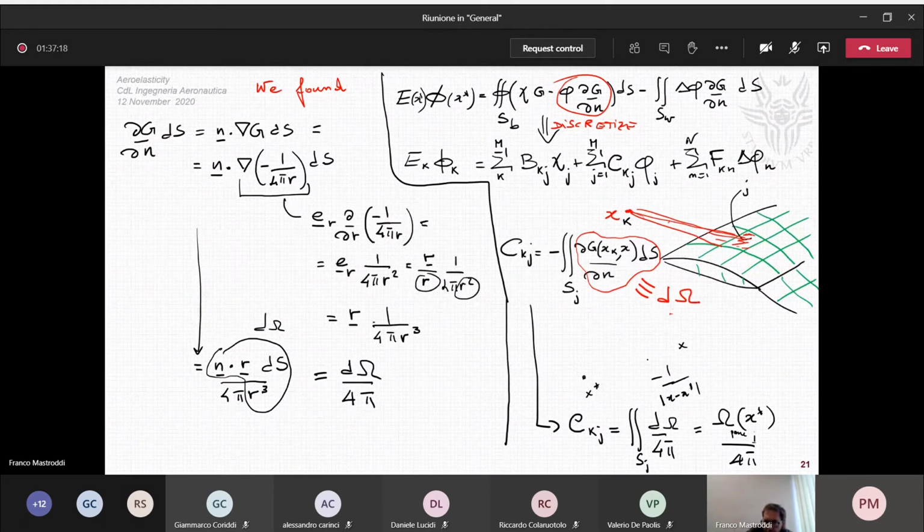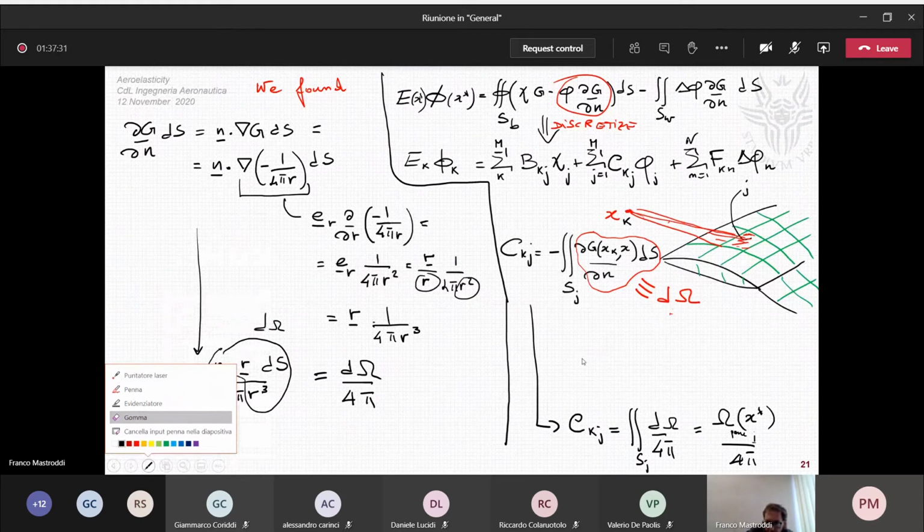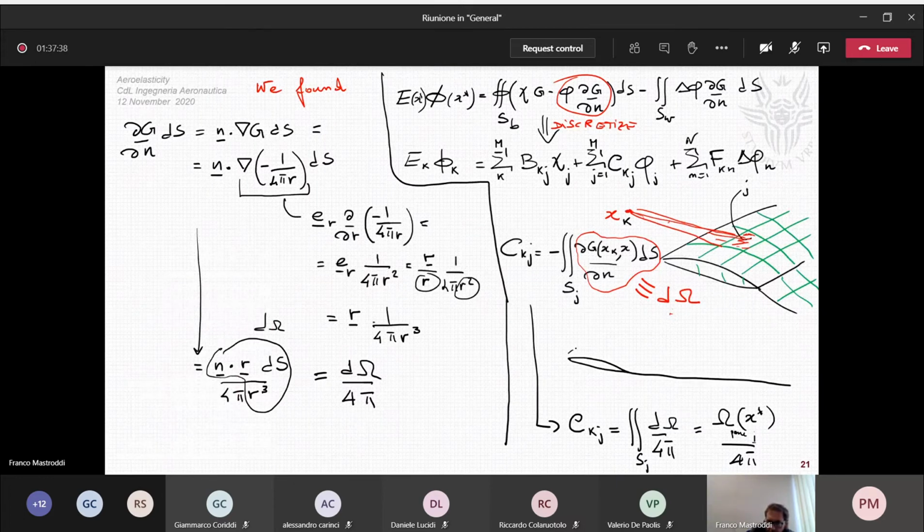Look, if you have a problem with a wake, you have to decide in your linear, for example, discretization, how long to consider your wake distribution.